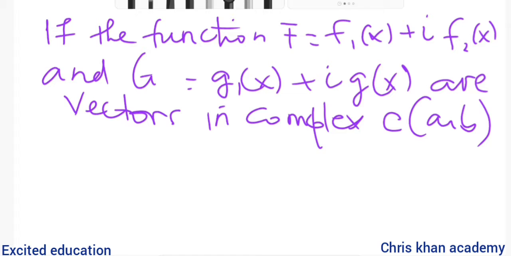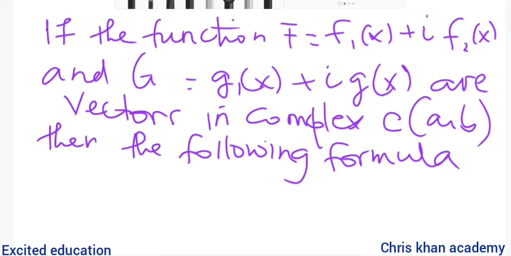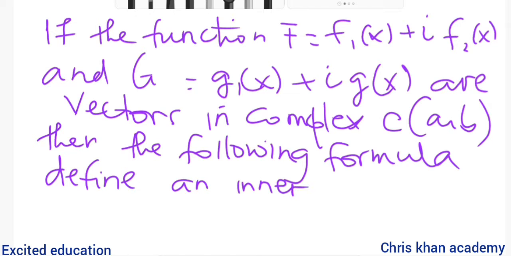Then we have the interval C, which has endpoints A and B. Therefore, the following formula defines an inner product in the complex setting.